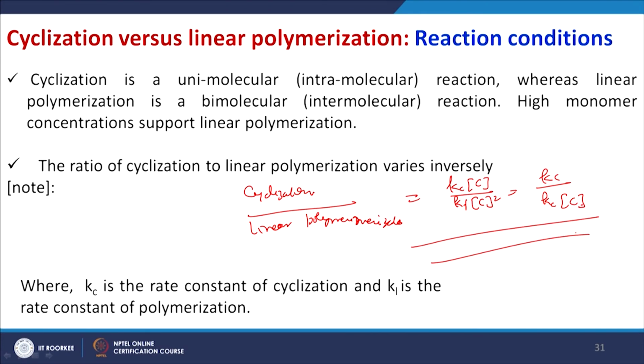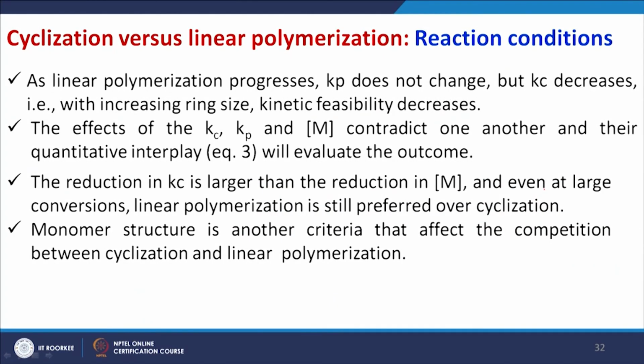So this is where Kc is the rate constant for the cyclization, and Kp is the rate constant for the polymerization. Now, as linear polymerization progresses, the Kp does not change, but Kc decreases, that is, with increasing ring size the kinetic feasibility decreases.